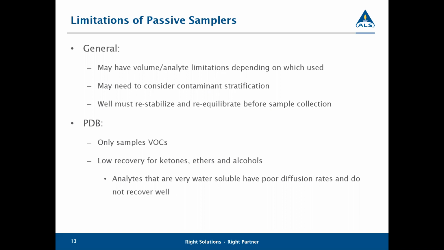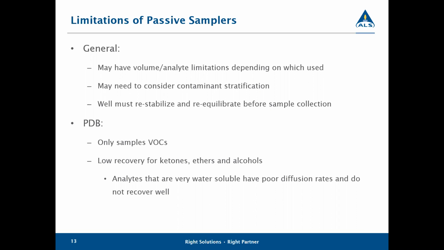And of course, we do have to wait for them to restabilize and re-equilibrate before sample collection. So it does require a little bit of forethought and planning in terms of proper timing of deployment, so that when you are ready to actually collect the sample, the equilibrium has been reached within the passive sampler, so you are getting a representative sample.